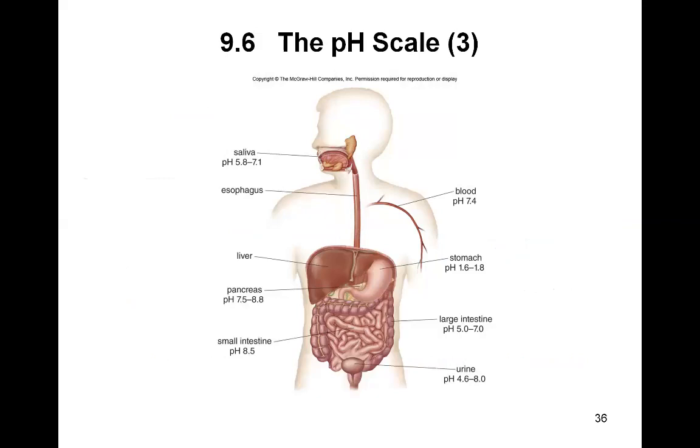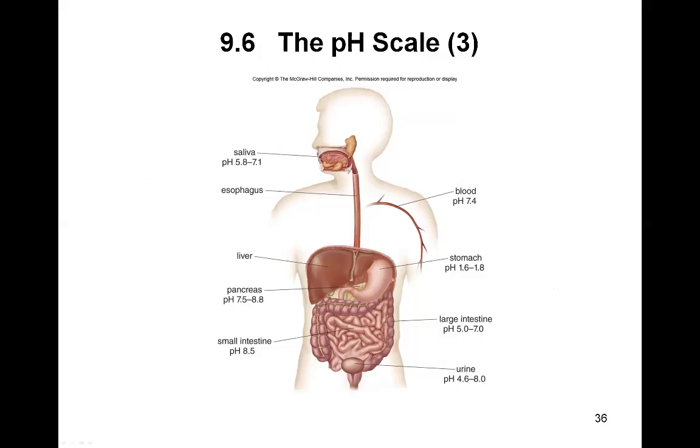And in your body, you also have fluids, and they have a pH value. Depending on where the fluid is from, it will have a different pH value. Starting from saliva, which has a pH of 5.8 to 7.1.